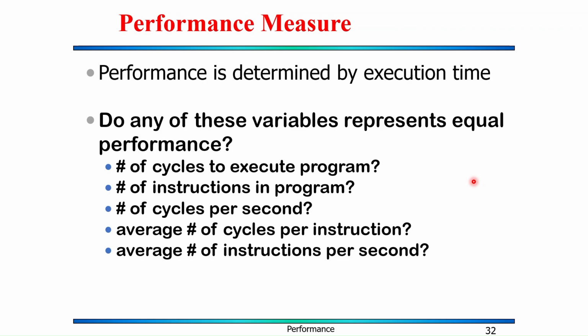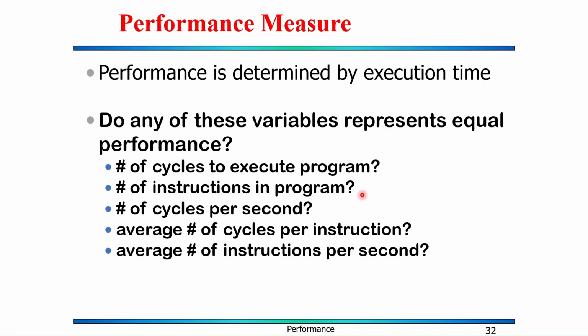Number of cycles to execute a program? Not necessarily. A program might take many cycles, but if each cycle is very short, execution time could still be slow. Then the number of instructions in a program, also not enough. A program with fewer instructions might still take longer if those instructions are complex and require many cycles each.